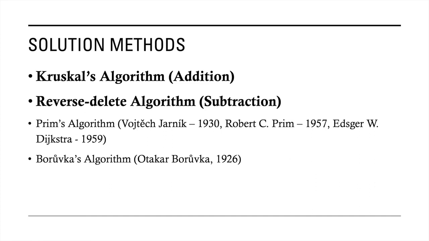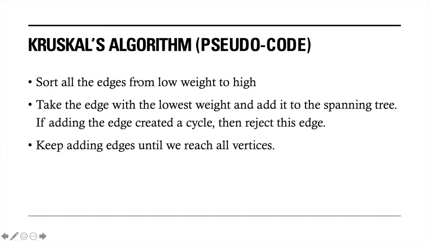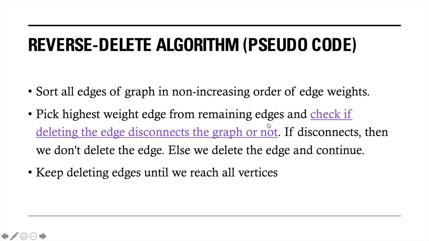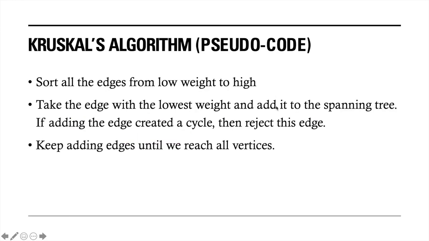And as you can see in this slide, we have the words addition and subtraction beside the Kruskal's algorithm and the reverse delete algorithm. Now, why did I have the word addition beside Kruskal's algorithm? If you look at the pseudocode, you're actually adding edges, starting with the edge that has the lowest weight, to the spanning tree.